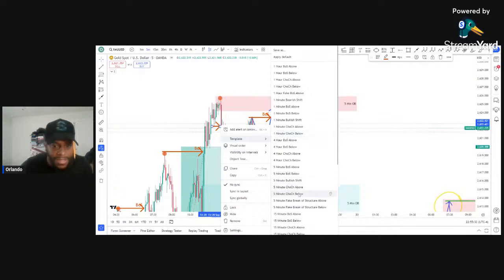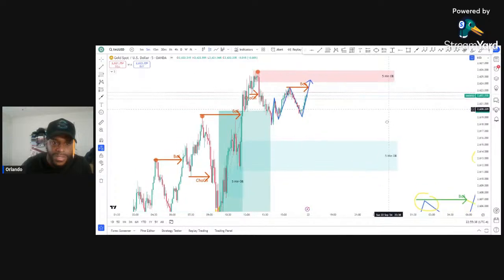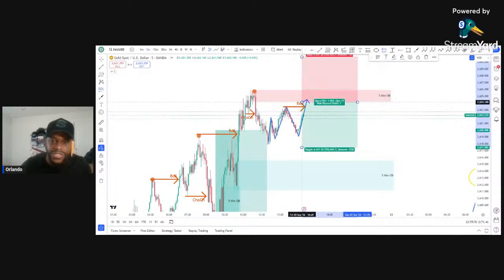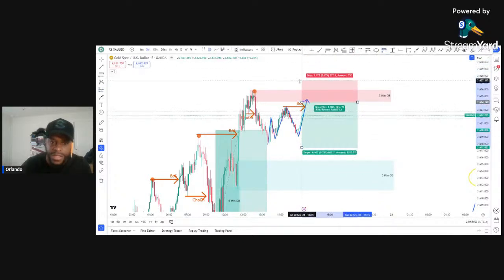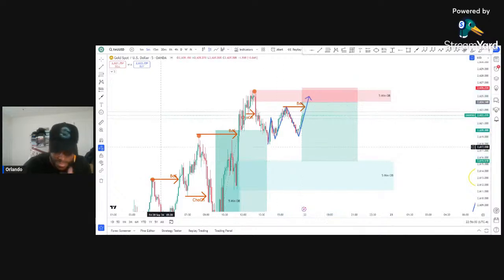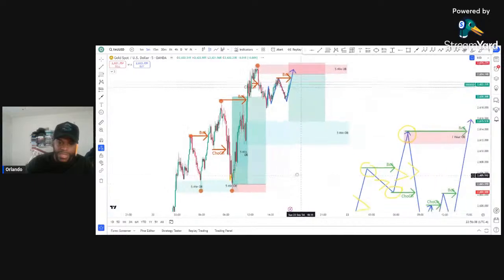So maybe because it didn't do it on this one, maybe this divergence, change of character, hey, come back and refill the supply that caused the change of character, and then we're going to look for confirmation-based sells. Nice tight stop loss. However deep it wants to penetrate, whatever the case may be. Okay, boom. And we're going to go to this demand zone because we see it as unmitigated. We don't know if the buyers are going to come in off of that, but guess what? That's going to be TP1.